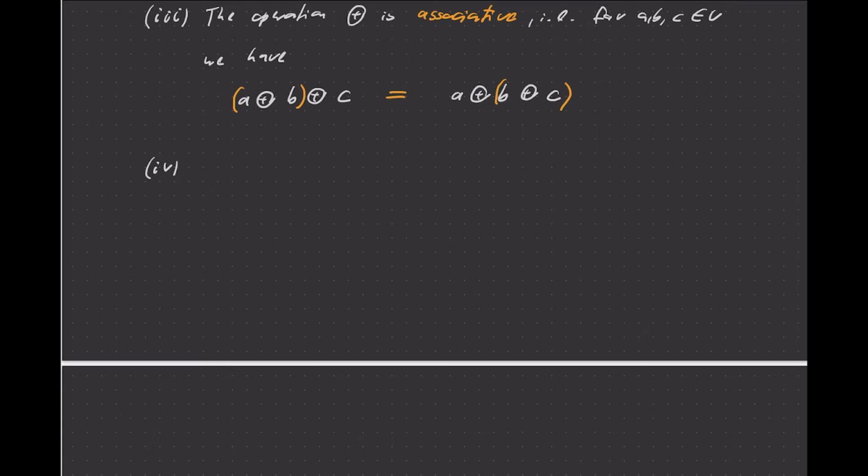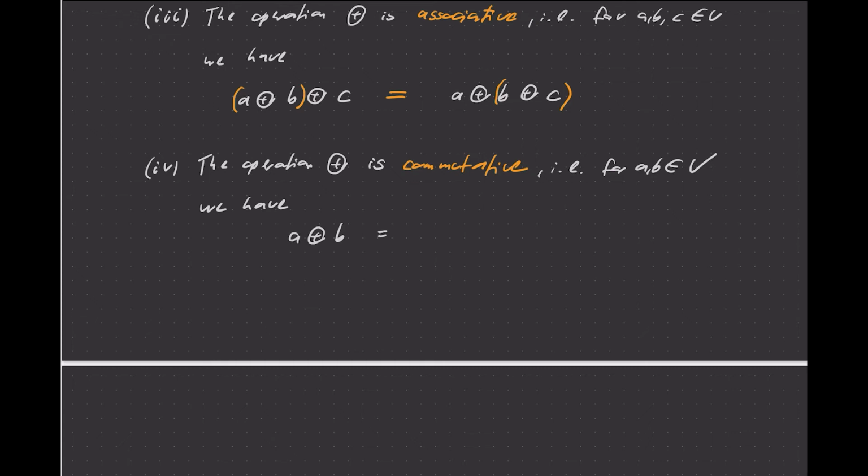And finally, we also want the operation to be commutative. Operation plus is commutative. And what that means is for two vectors a, b in V, we have a plus b equal to b plus a.